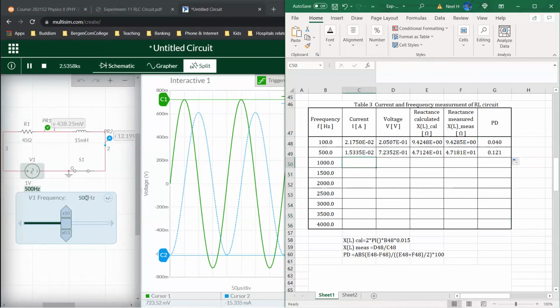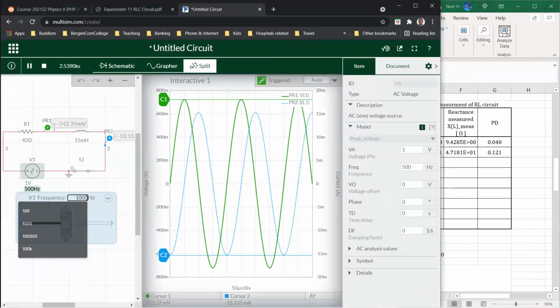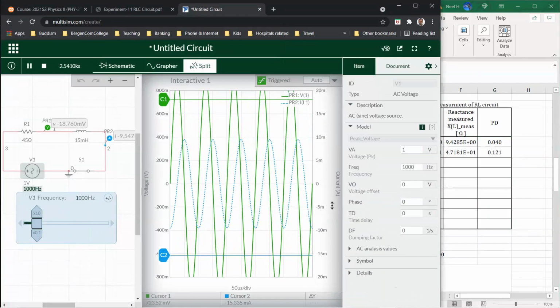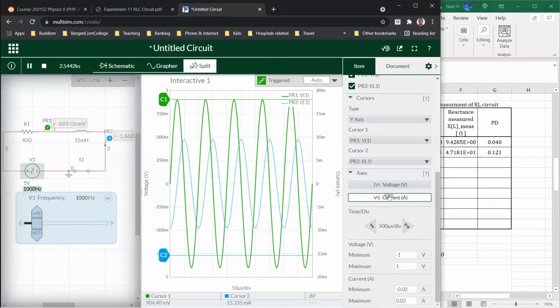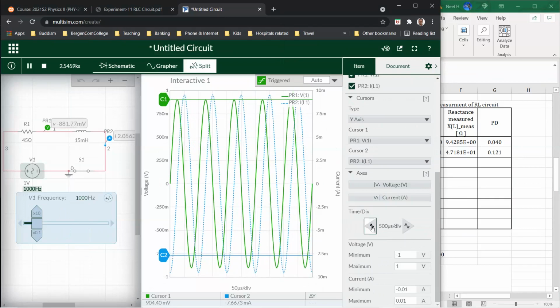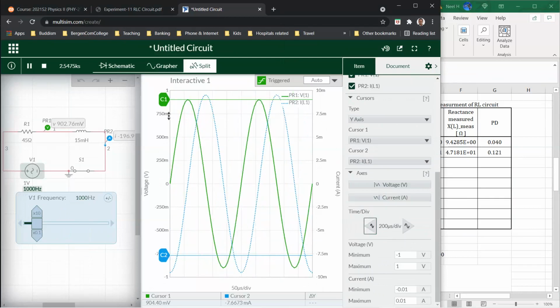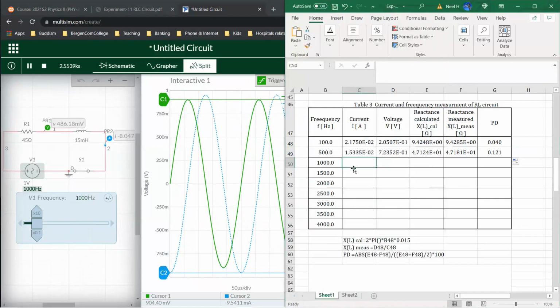All right, so let's do 1000. Voltage seems to match up clearly there, but I need to move this one. But the numbers you have to read carefully.